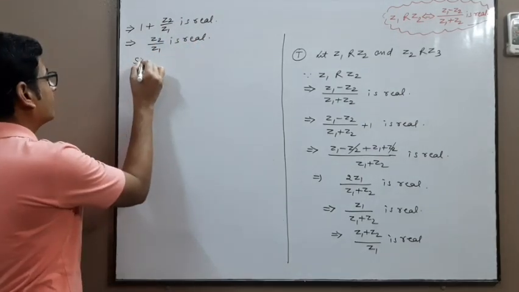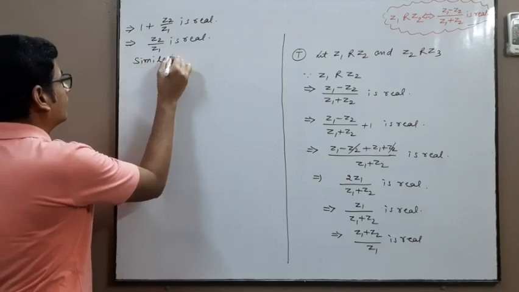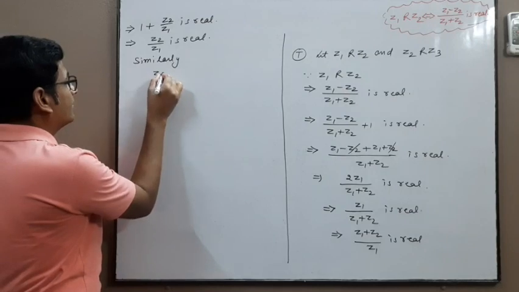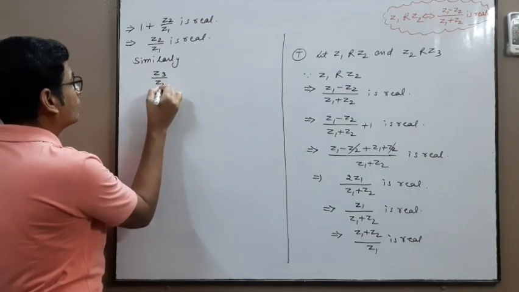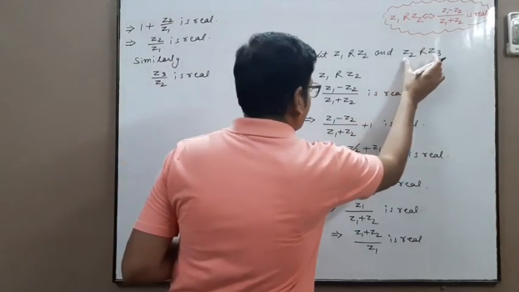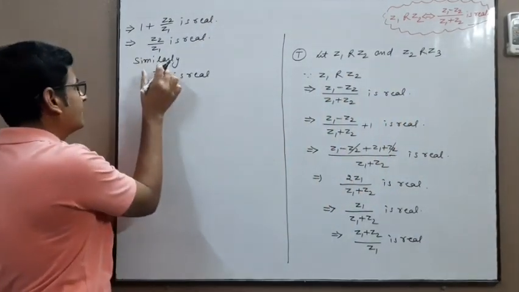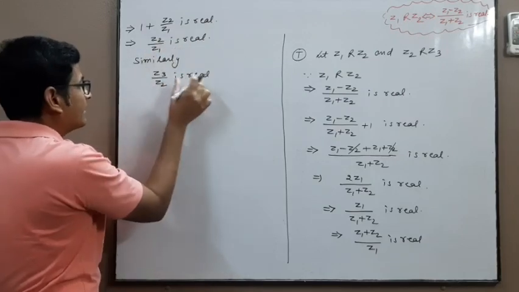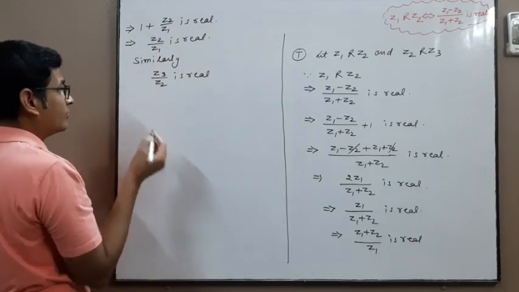Similarly, Z3/Z2 is real, since Z2 is related to Z3. If this quantity is real and this quantity is real, the product of these two numbers is also real.